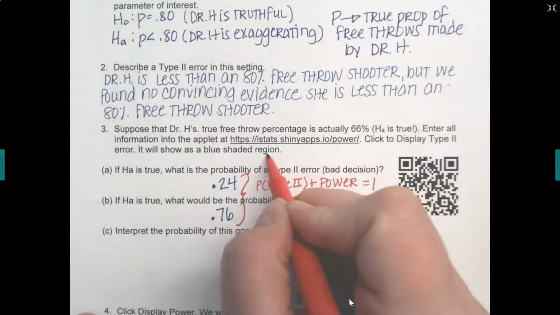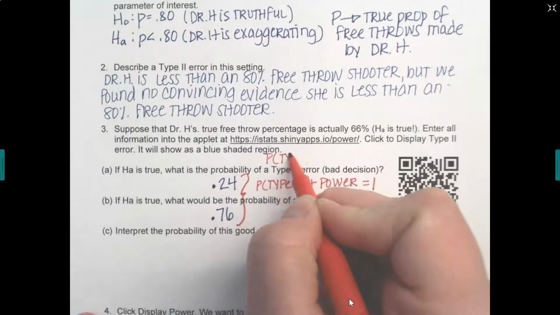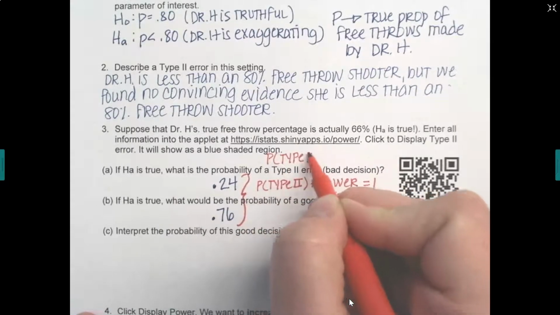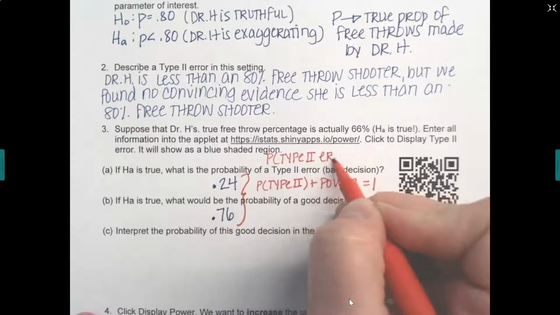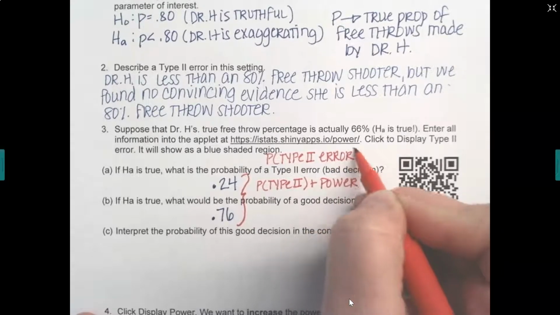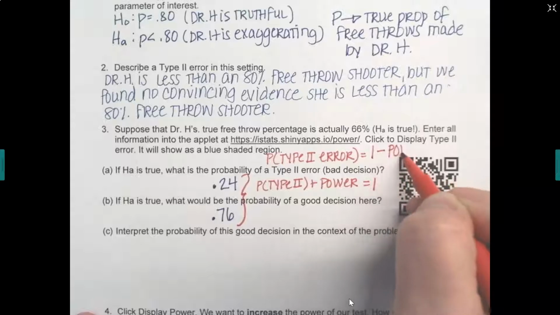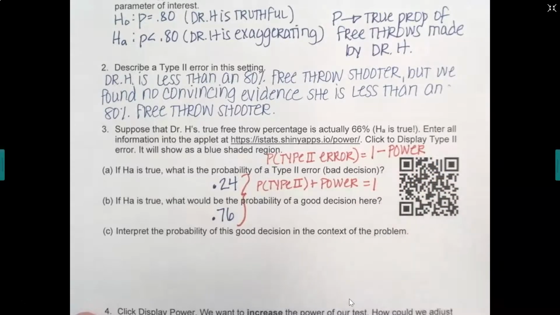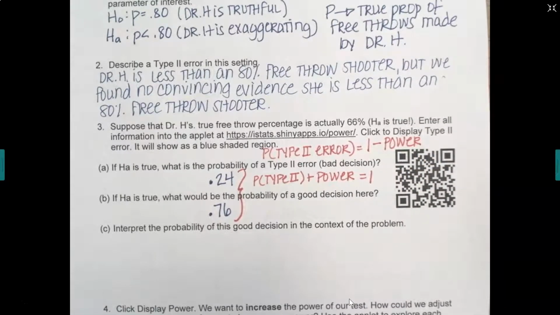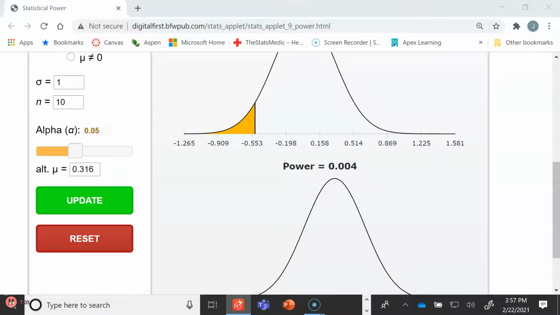So to find the probability of a type 2 error, you're going to take 1 minus power, and it will tell you what's left over. Remember, the probability of a type 1 error is just your alpha. Now they're not direct inverses of each other. They are related to each other.